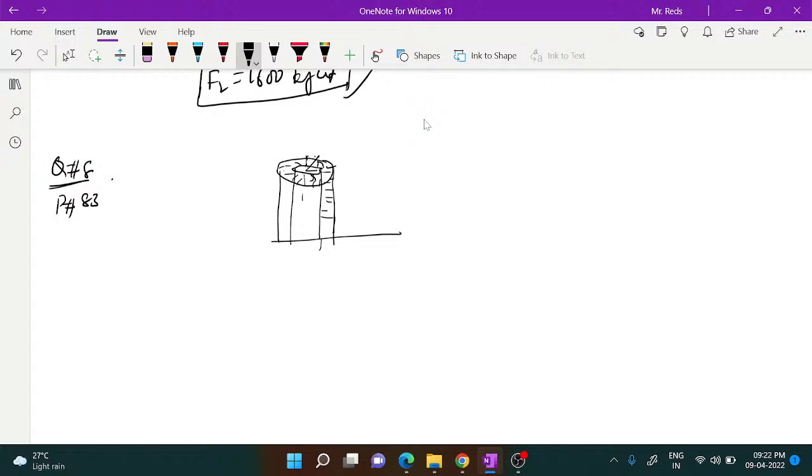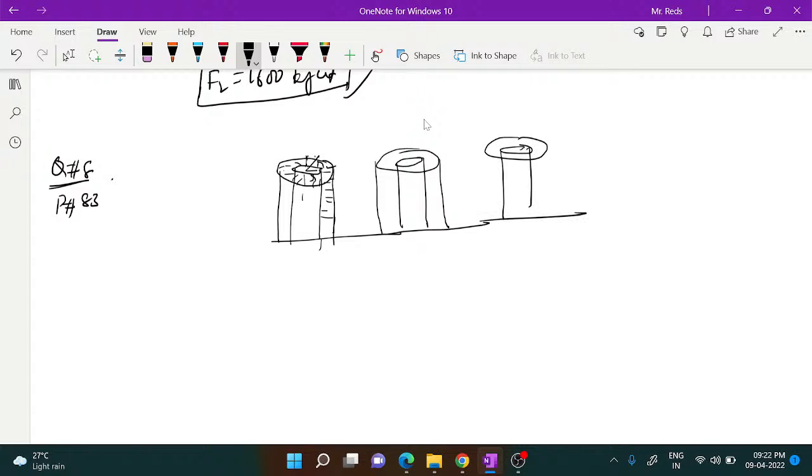Like this, four cylinders are there. One, two, again with this kind of structure, and again one more, four.